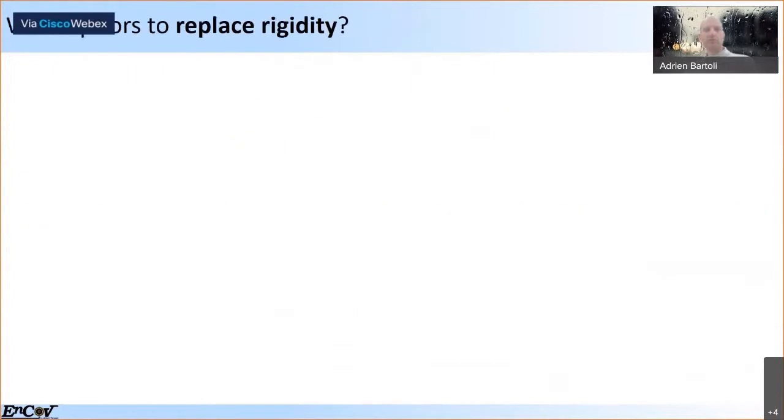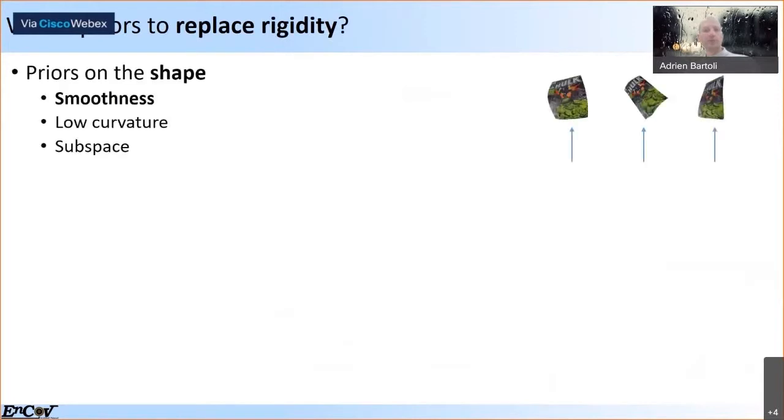And the main question we have to address here is how can we combine the different images, what priors we can exploit to replace somehow this very strong rigidity prior used in structure from motion. There are several types of such priors we can use, and the first one, which is a very natural one, is to put priors on the shape we want to reconstruct.